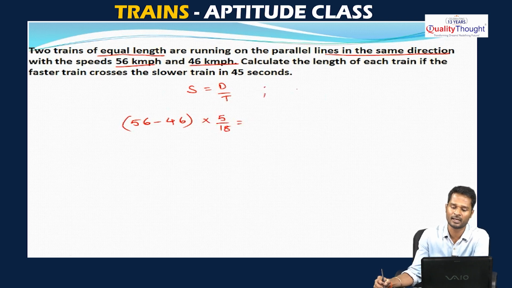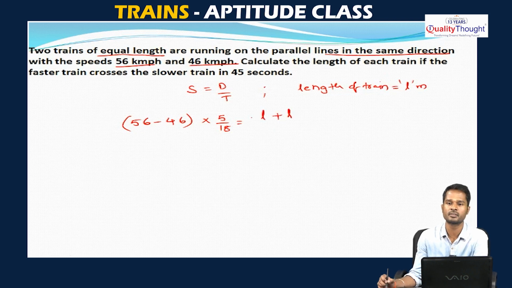Let the length of each train be L meters. That is L plus L, because there are two trains, so you need to take both the trains' lengths into consideration, and the time given is 45 seconds.